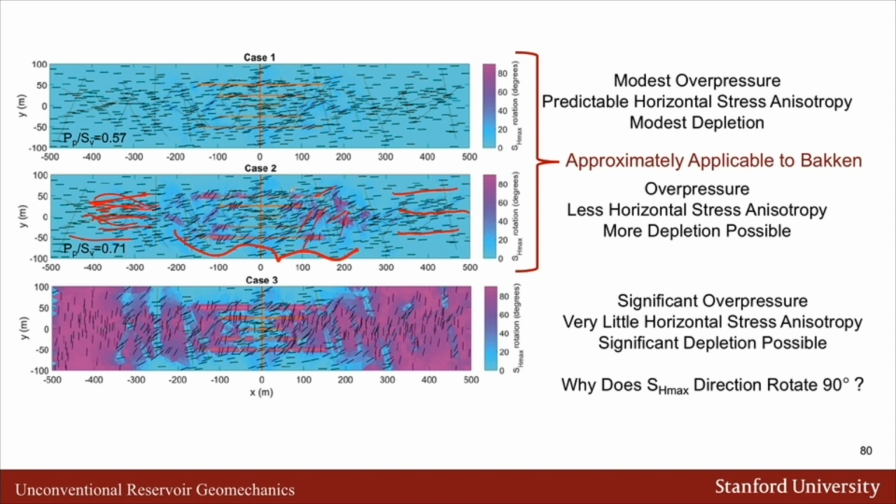In that case, one could envision how the production from H1 might have actually been improved by the stimulation associated with H2 and H4.